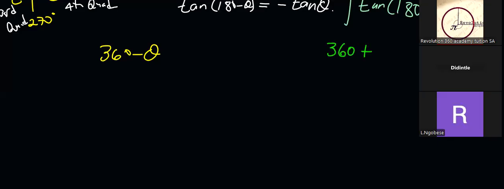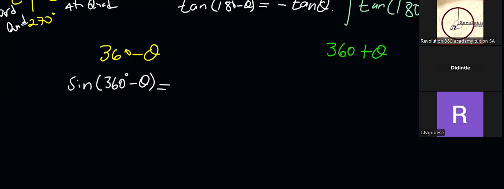So we know that if you say sine of 360 minus theta, you ask yourself, from which quadrant do you have 360 minus? So 360 minus, we are on the fourth quadrant, and on the fourth quadrant sine is negative. Hence, it will become negative sine of theta, just like that.